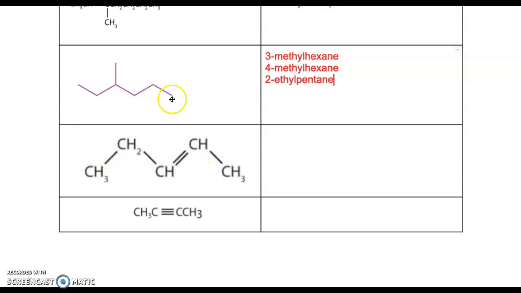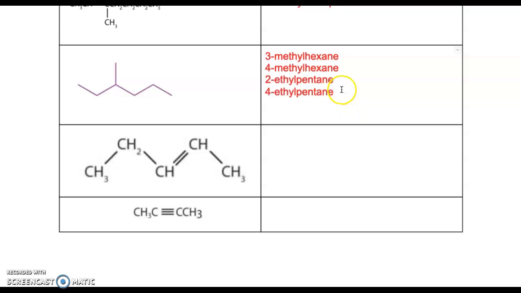Or we can start from this side. 1, 2, 3, 4, 5. Again, pentane, right? And then you would have your ethyl group, because there are 2 carbons over here, at 1, 2, 3, 4. So 4 on the fourth carbon, right? 4-ethylpentane. You can write all possible names and then pick the correct one.